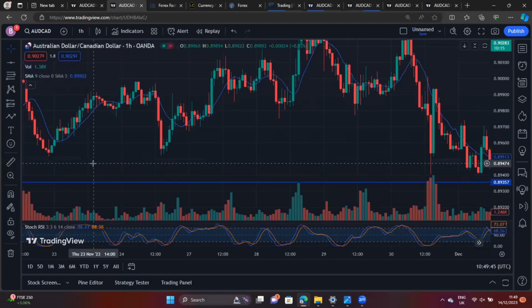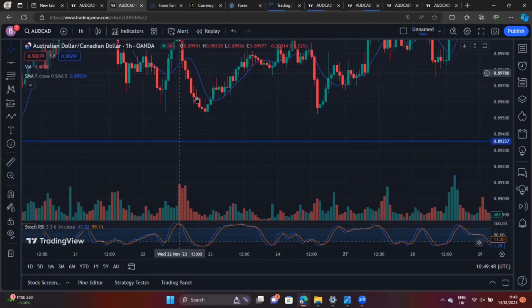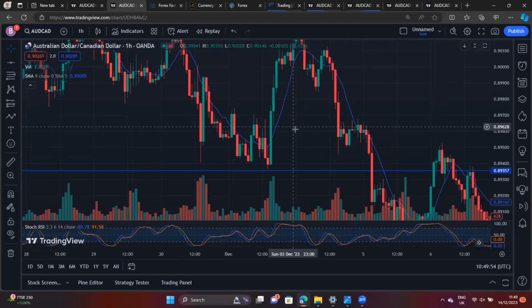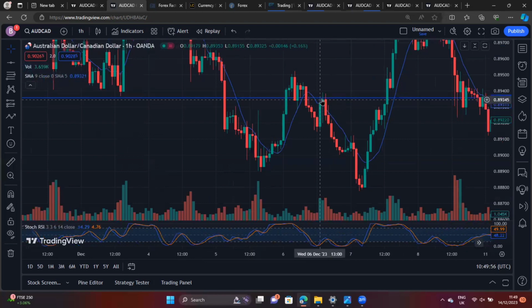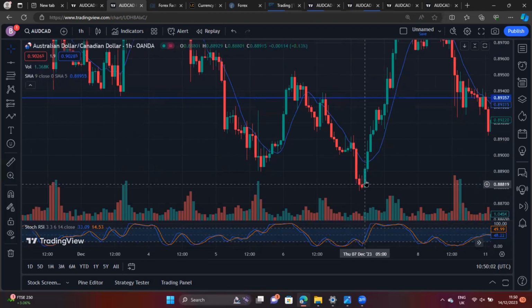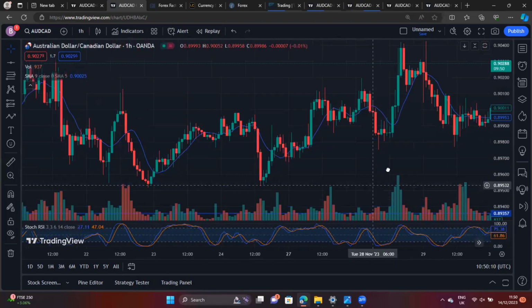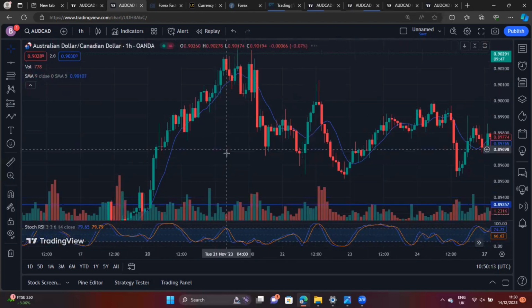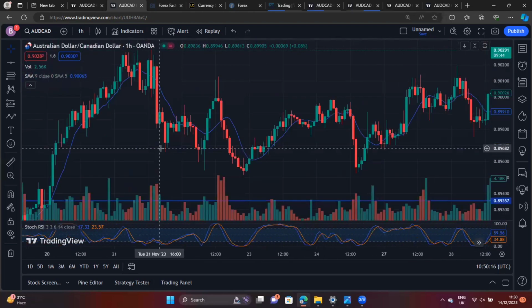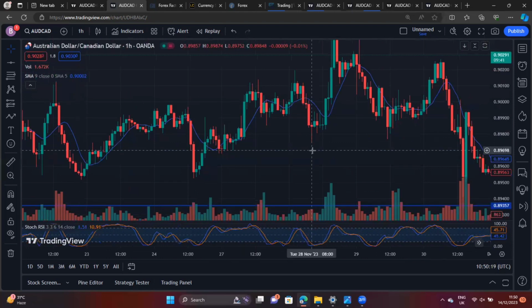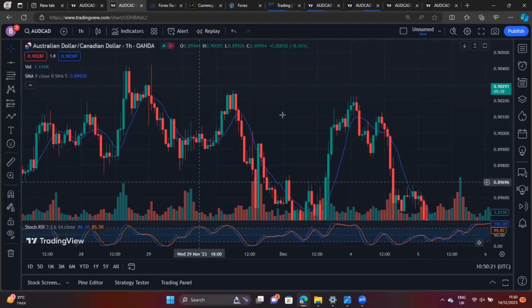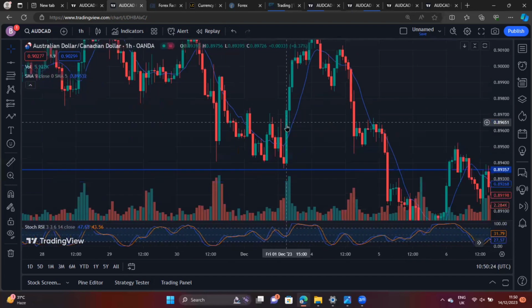And then the zone also becomes a resistance towards this area. Now look at how this zone became a resistance and resisted price all the way down here. This proves that the current support can become the next resistance. We can also have several other instances where our support became our resistance, and where our resistance became our support level.